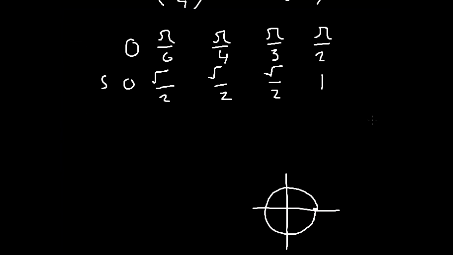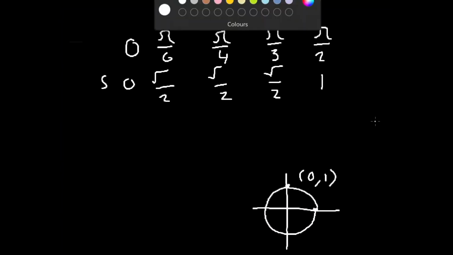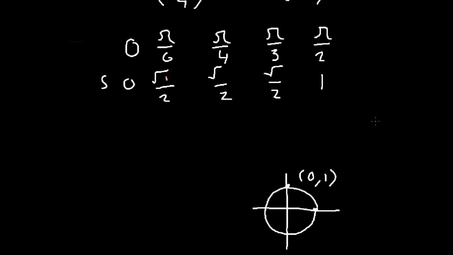And then this one here is 1, because 90 degrees up here, sine is, you've got to crawl before you can touch the sky. So sine is touching the sky, and that's the coordinate 0 and 1. So that's why we get the value 1 there. And we can say it's 1, 2, 3.